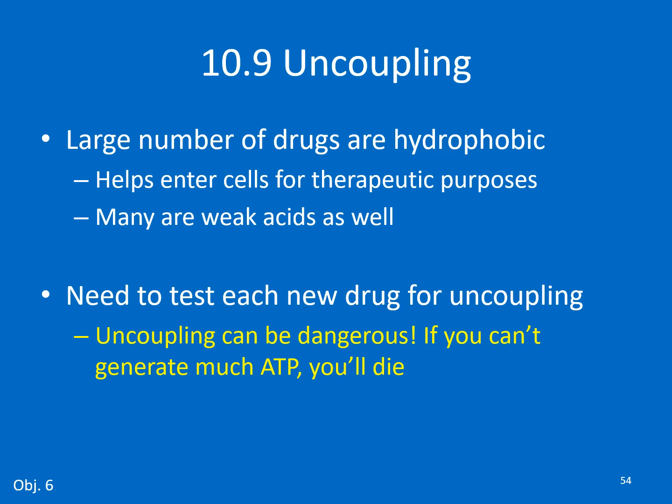If you can't generate any ATP, you'll die. So if you mess with oxphos, that can be really dangerous. Every new drug needs to be tested for uncoupling. Really the major takeaway is if you can't generate ATP, you'll die. And if you uncouple oxidation and phosphorylation, you can't generate any ATP, so you'll die.